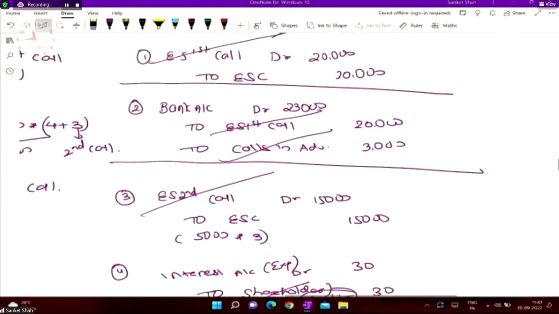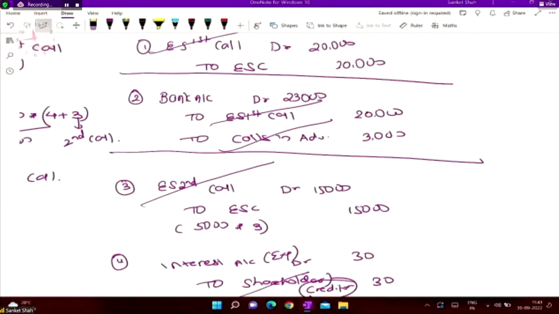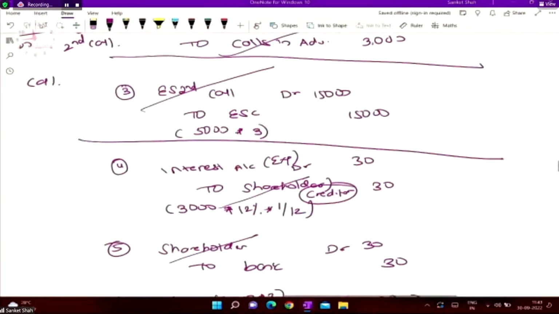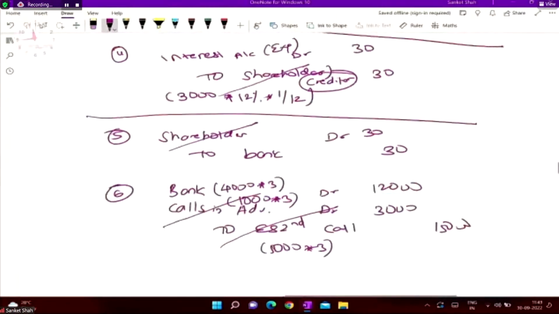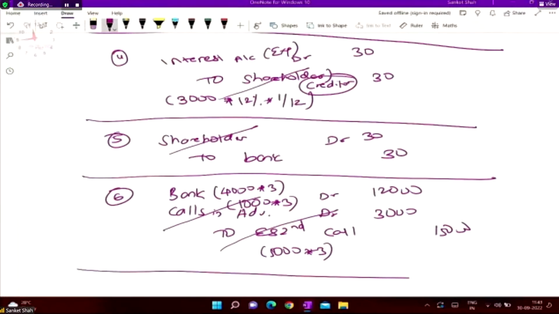Equity share first call. Now understood, beta? See, equity share first call to equity share capital. Then bank account debit to first call and calls in advance. Then equity share second call to equity share capital. Interest to shareholder. Then shareholder to bank. And then bank account debit, calls in advance account debit to equity share second call.